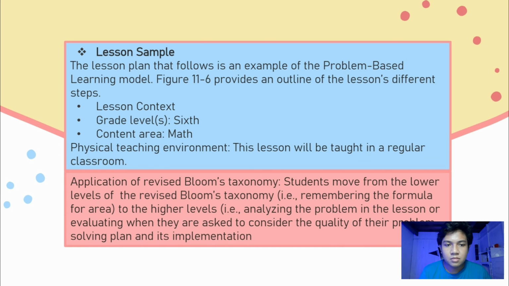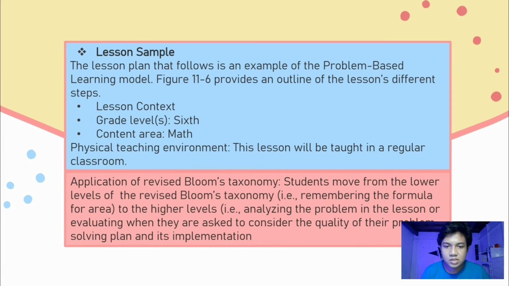Outline of the problem-based learning model lesson steps. Problem-based learning model step: present or identify the problem. The teacher presents the problem: the need to replace the carpet in the aftercare room.